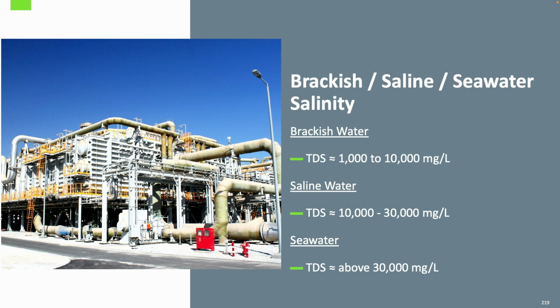So just from a very high level, I'd like to talk about the brackish, saline, and seawater salinity. So typically brackish water, people look at it from like 1,000 to 10,000 milligrams per liter, saline from 10 to 30,000, and seawater's typically above 30,000. But from a big picture standpoint, brackish water, people talk about 15, 20,000 TDS.